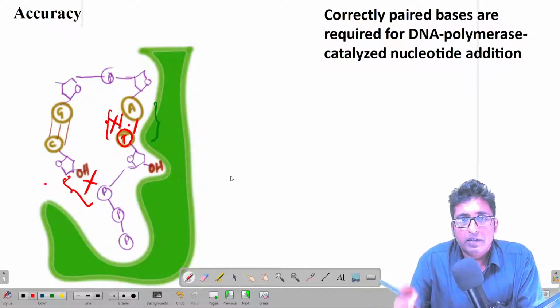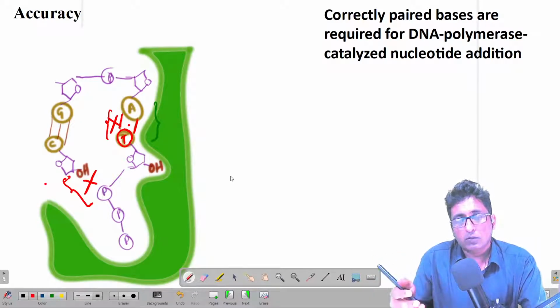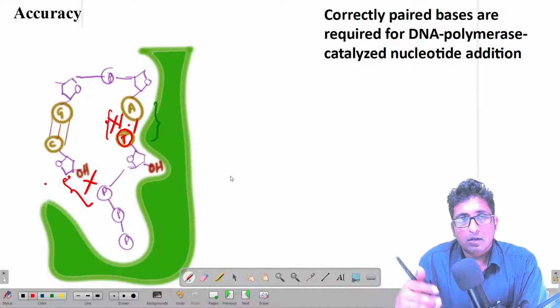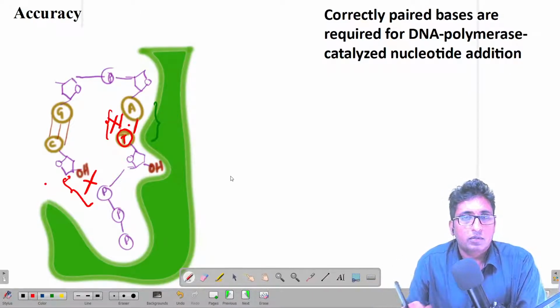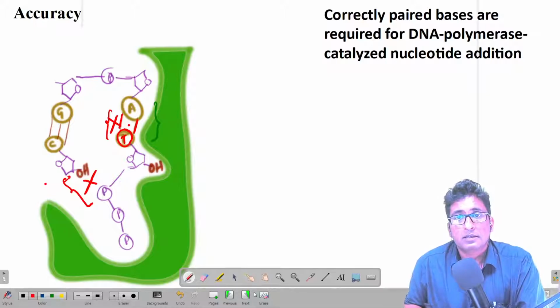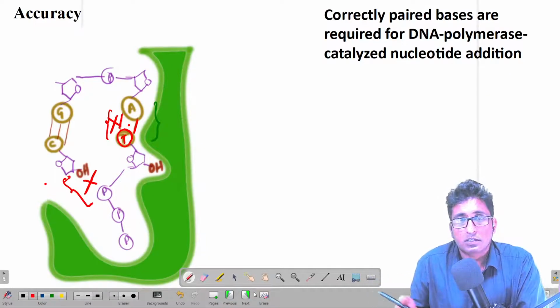It's a random process. Basically, in the active site, any of the 4 nucleotides could fit in, and the DNA polymerase would wait until the correct one comes, and this is a very rapid process. Although there is a certain degree of accuracy, there are at times mistakes, because DNA polymerization is happening at a very high rate, 10,000 bases per second or so.